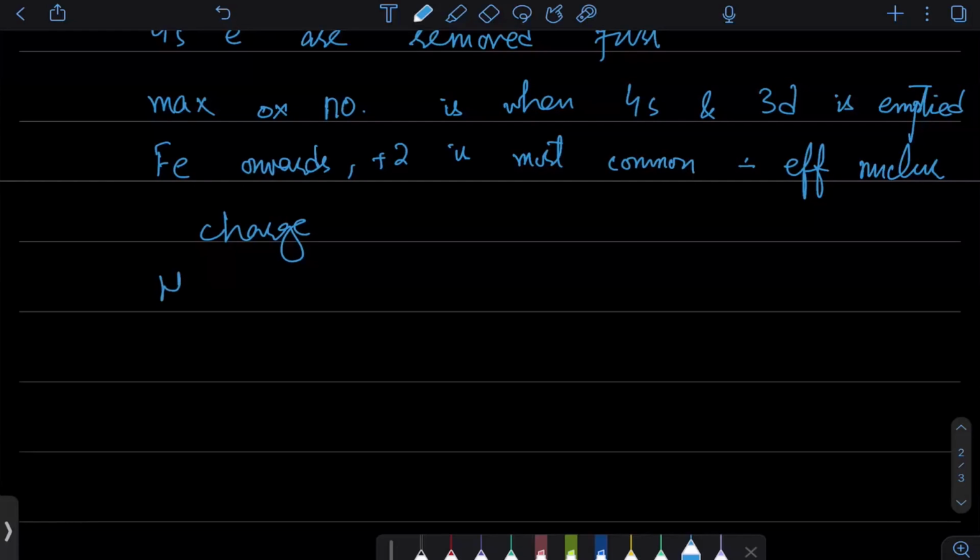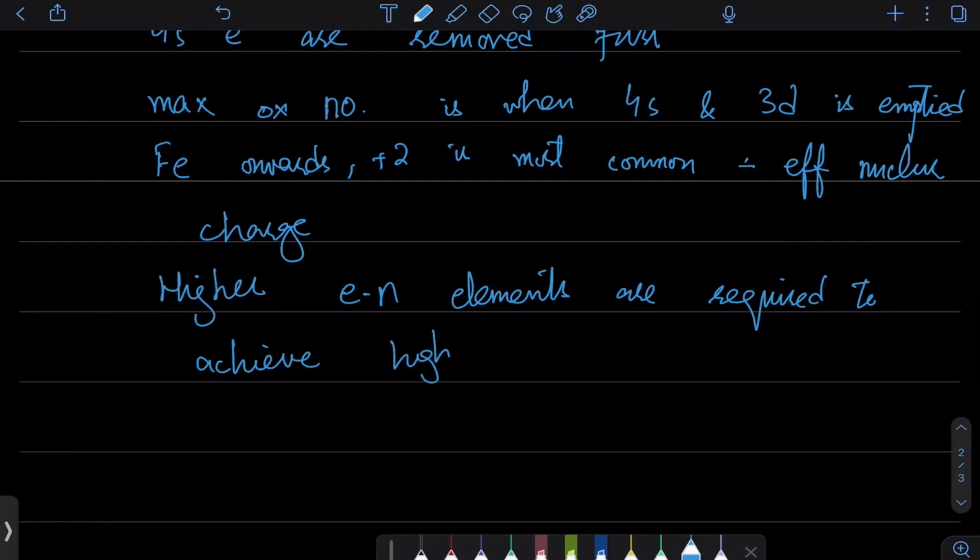So highly electronegative ions or elements are required to achieve the highest oxidation states. Some examples of this would be chromium +6, which is over here, or manganese with the manganate ion that we have, MnO4.